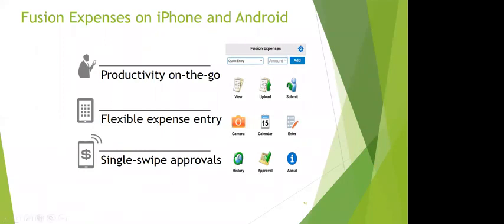So like this, you can do whatever activities you want on your Fusion Expenses. That is productivity on the go. You need not go to the laptop or log into the laptop. You can open your mobile and do entry or submission of all of your expense reports. That is how Oracle has designed this mobile app.